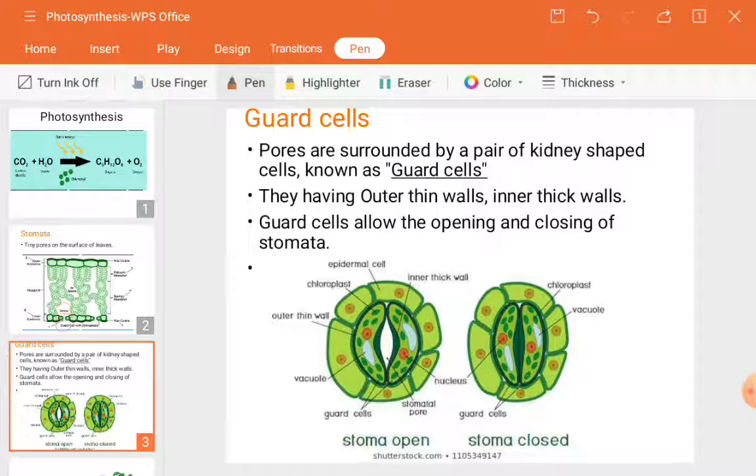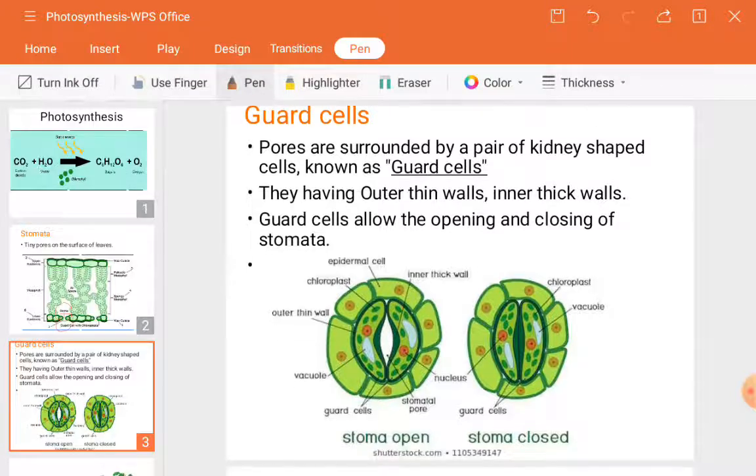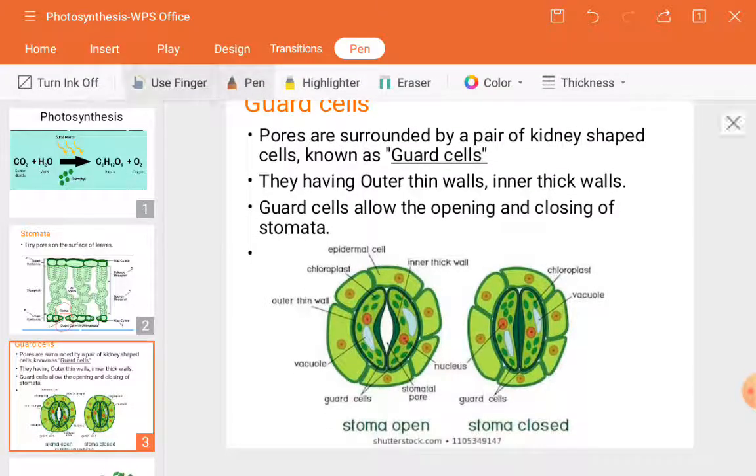These are the pores, and inside the kidney structure you see the guard cells.